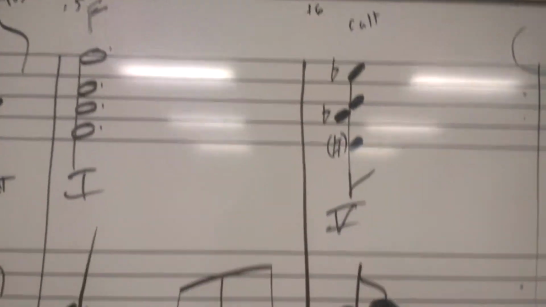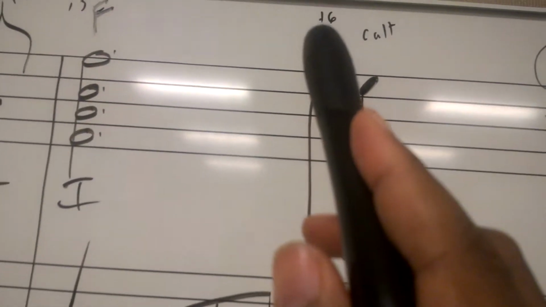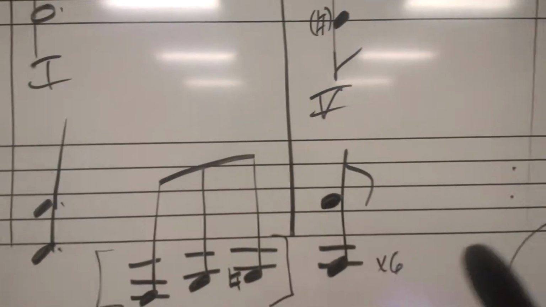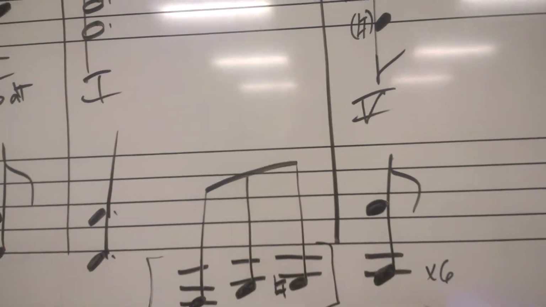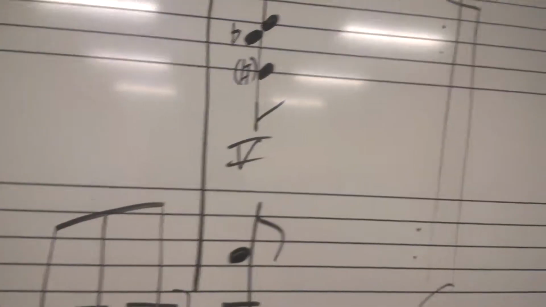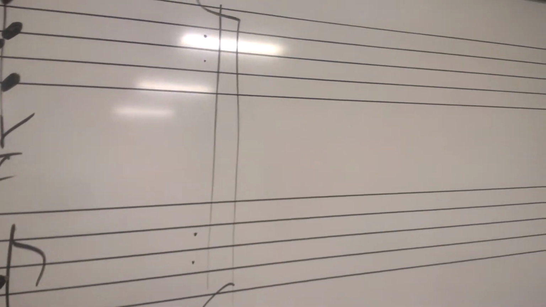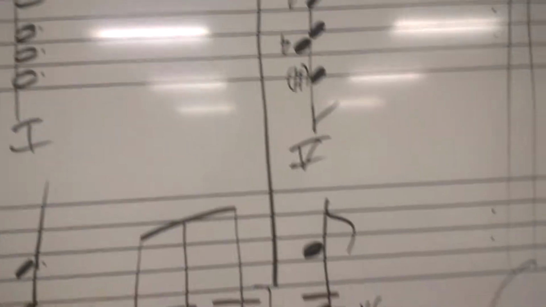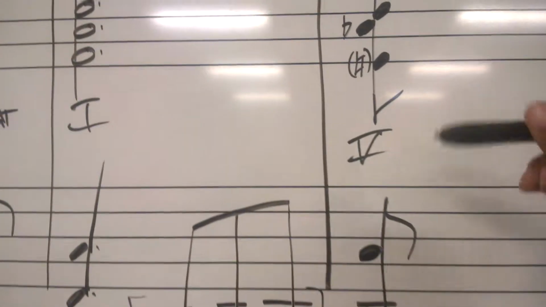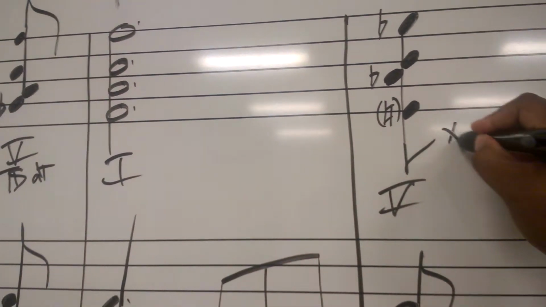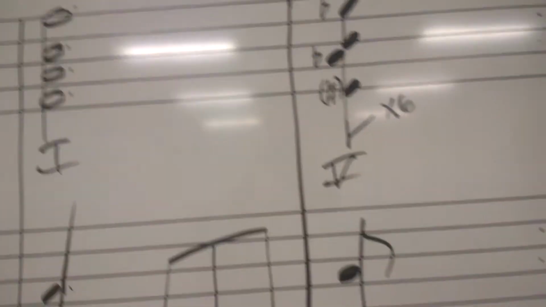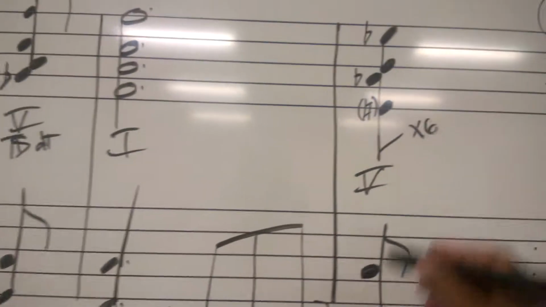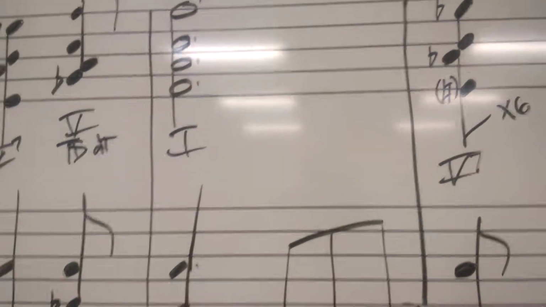and this is the C altered, 16th bar, so it's going to repeat. This is played 6 times because I got lazy and I started to run out of whiteboard, so I just put 6 times there. Play that 6 times. There's a 7.